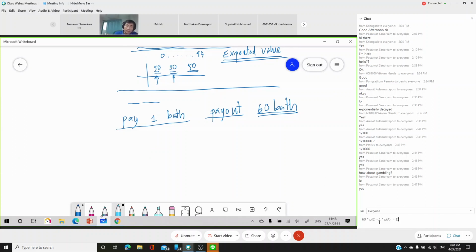I want to find the expected gain. This may not be that easy, but not difficult.